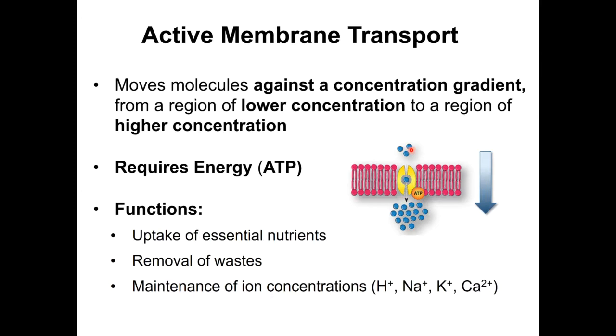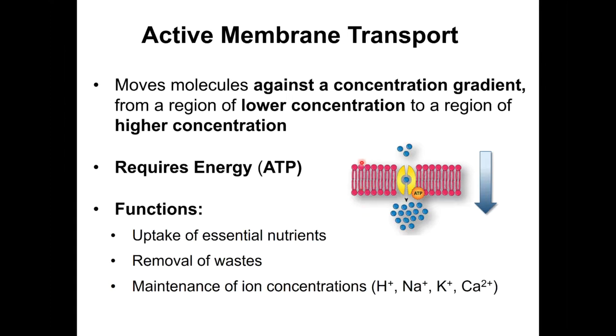You need energy because this movement is going against the second law of thermodynamics, right? It is going against entropy. And therefore, you have to add energy for this to happen, to keep going. This deals, again, with removal of waste, movement of nutrients, or movement of ions, for example. You have to keep the concentration of ions on the two sides.